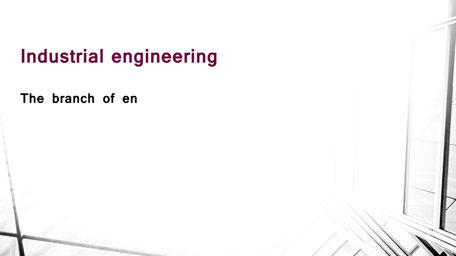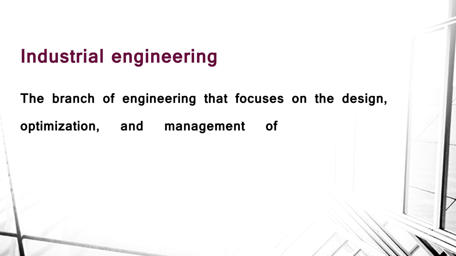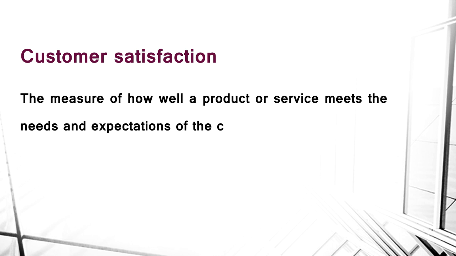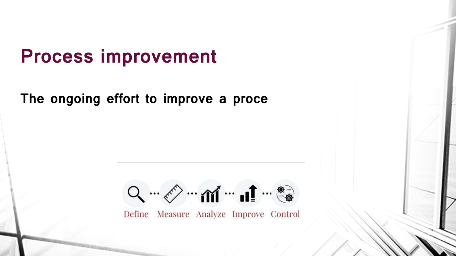Definition: the branch of engineering that focuses on the design, optimization, and management of manufacturing processes. Important word: customer satisfaction. Definition: the measure of how well a product or service meets the needs and expectations of the customer. Special concept: process improvement. Definition: the ongoing effort to improve a process or product over time.